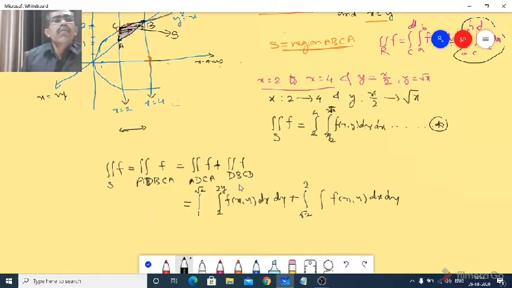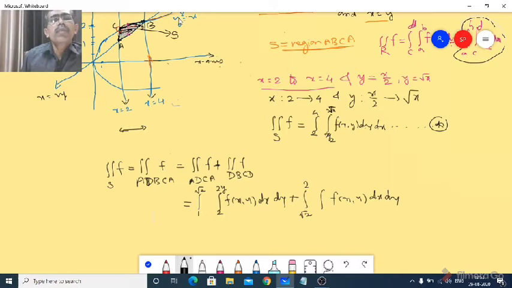Now again in this portion, the line is symmetrical or parallel to the x-axis. So the left end of this line in this portion lies on this parabola.